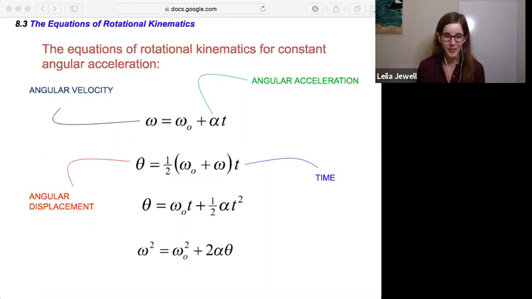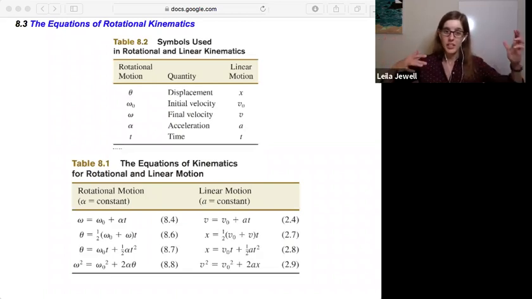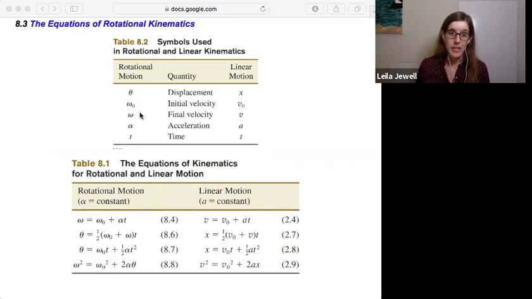So that's a little bit comforting. There's something familiar in the midst of it. So hopefully you can start to see the similarities. I really appreciate how the book has some tables that highlight the rotational motion quantity and the linear motion, what variable is used, right? So for rotational motion, it's theta. For linear motion, it's an x. For velocity, it's omega in the rotational.